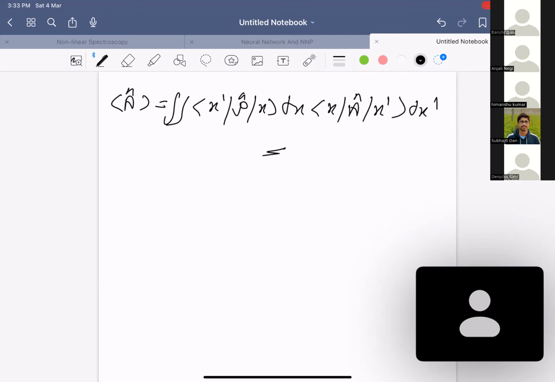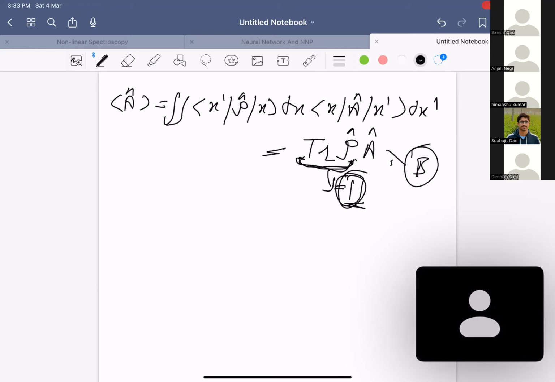This is now equal to the trace of our density matrix and our operator. And we know that the trace of rho is equal to 1 because the density matrix is normalized. Let's call this equation B.